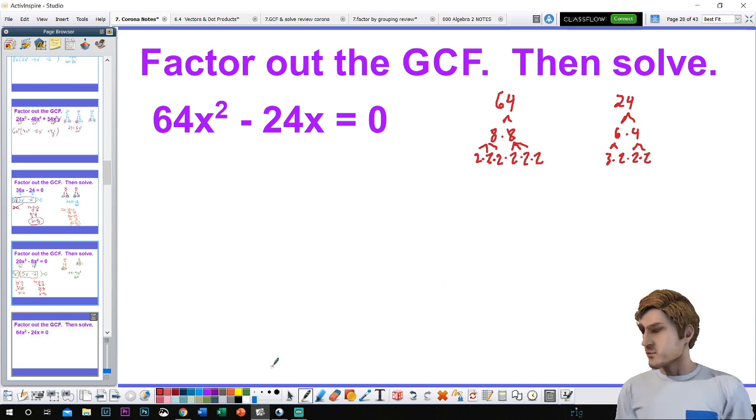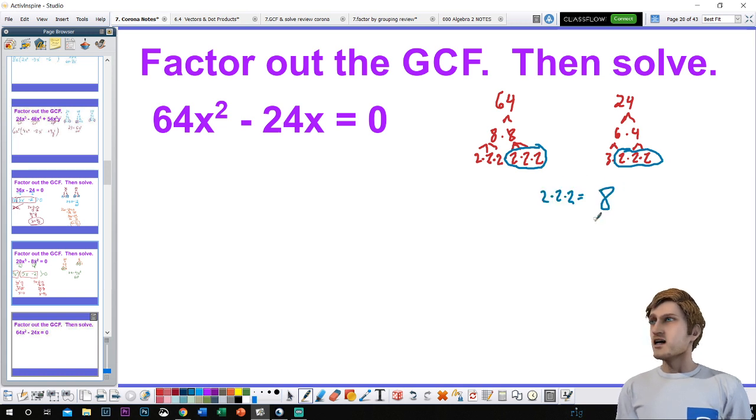Then we're going to circle what they have in common. I'm going to do it all at once. I see that we have 3 2's in common. So that is 8 for my GCF without the letter.